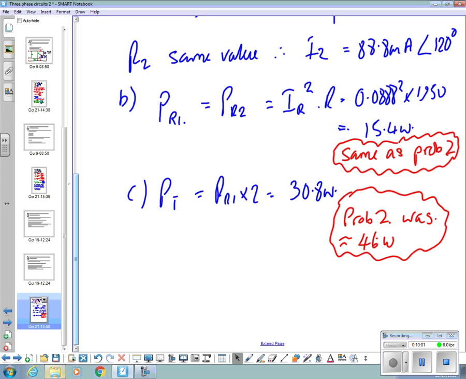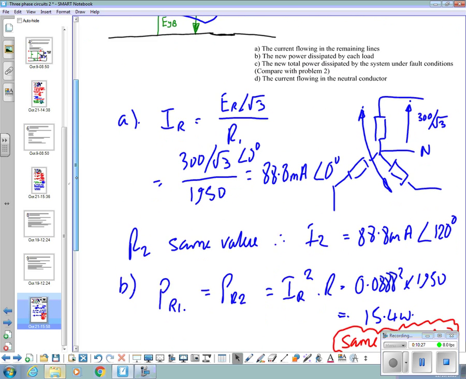So in terms of that power thing, that's balanced. You lose one load, you lose 1/3 of your power. Yeah. Let's write that down. 1/3 less overall. Okay. And the last bit was neutral current.